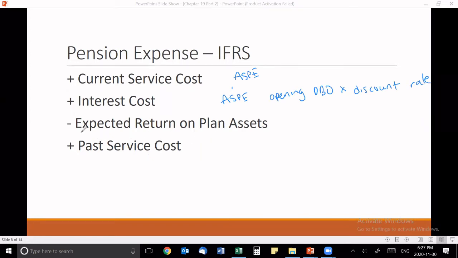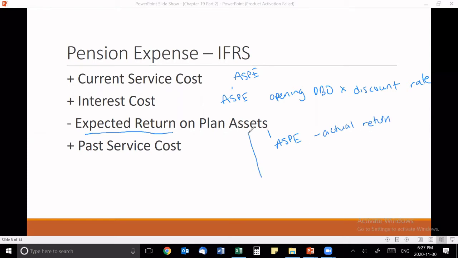And then you're going to subtract your expected return on plan assets. What ASPE does is subtract the actual return. What IFRS does is subtract the expected return.